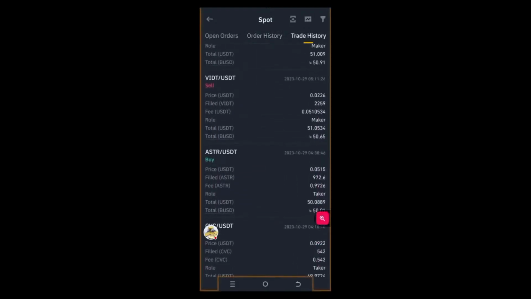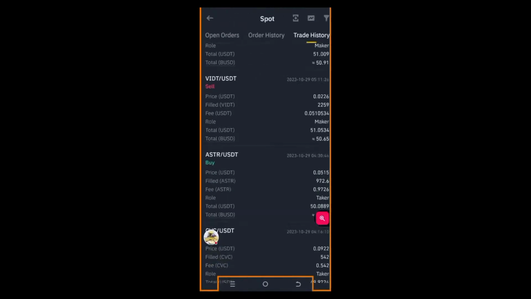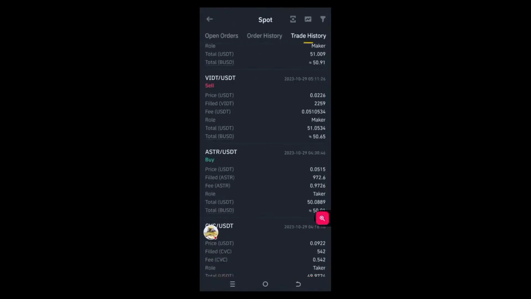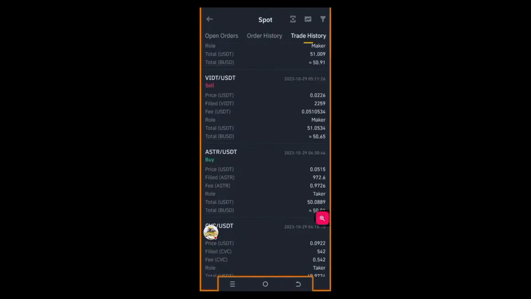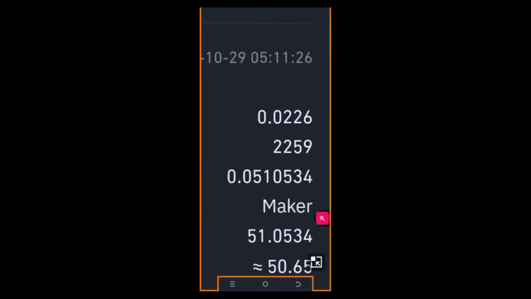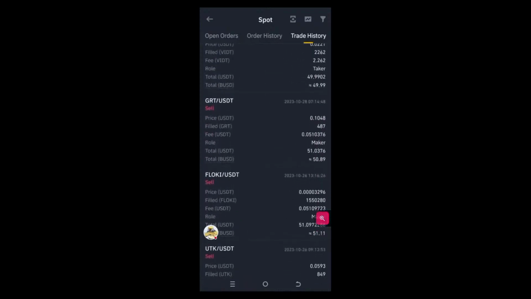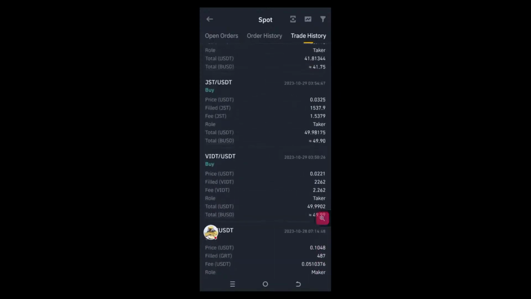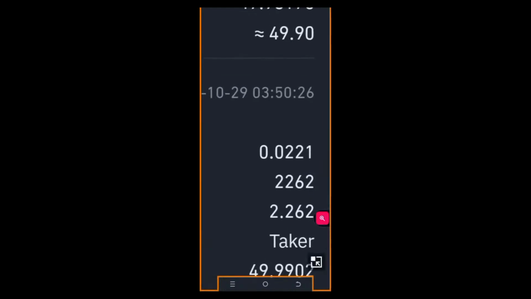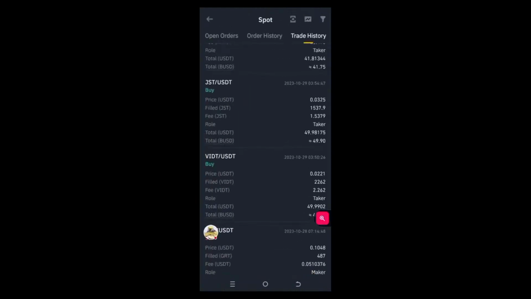Okay, so this is VIDT. We actually bought it at 221. Let me go and check so that I can be very sure. Look at it here. So we bought it here at 221.